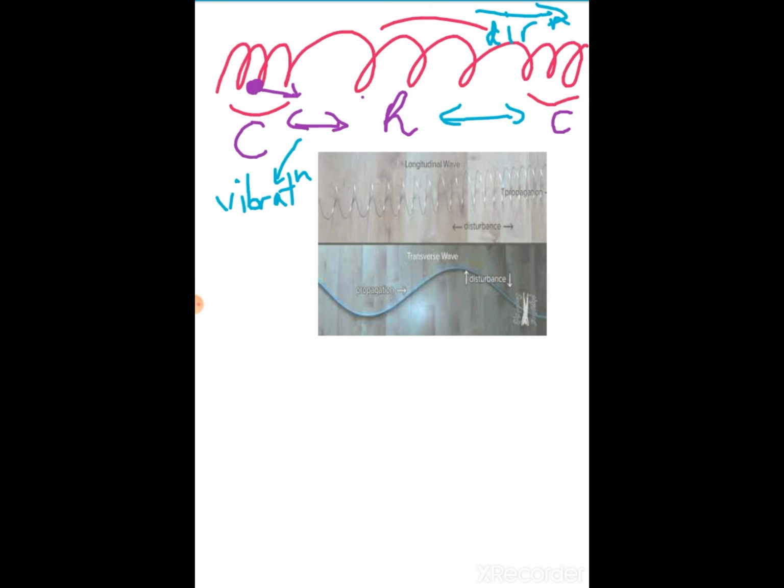Now, if we consider a string or rope fixed at one end and being tugged in an upward-downward motion, we create what is called a transverse wave.